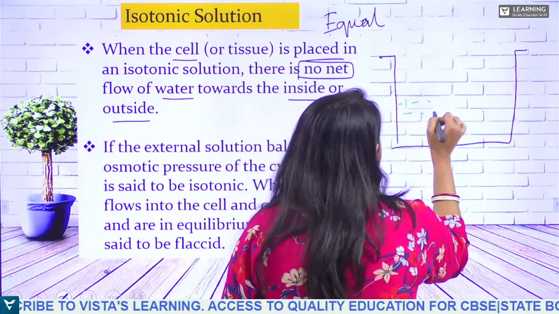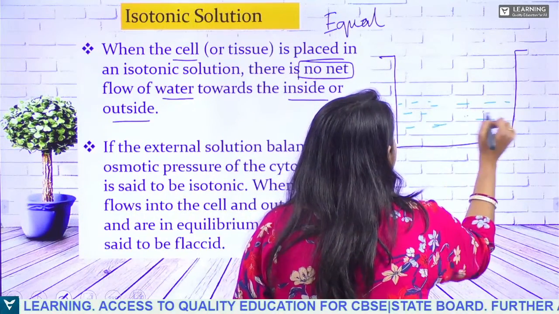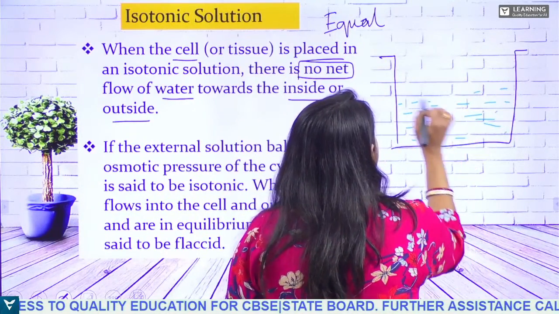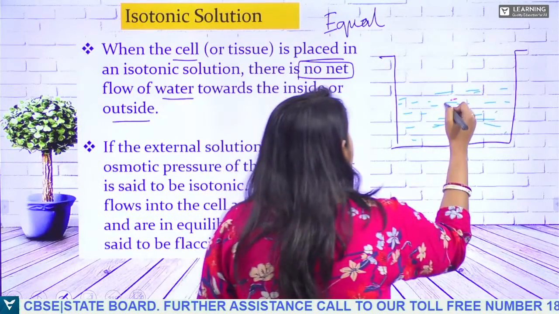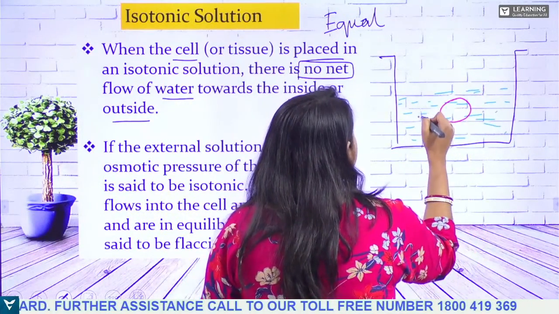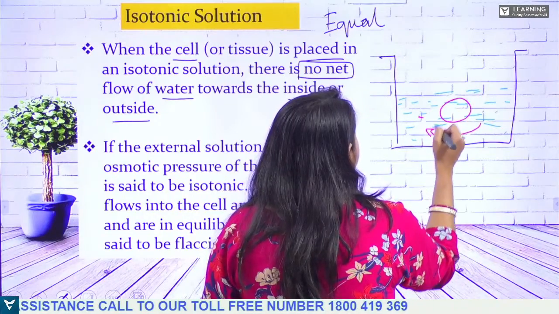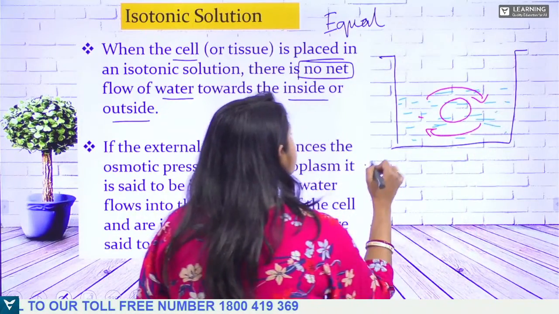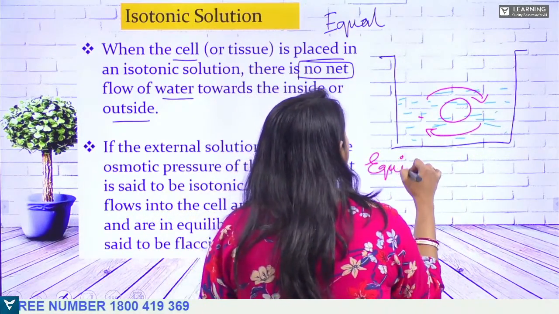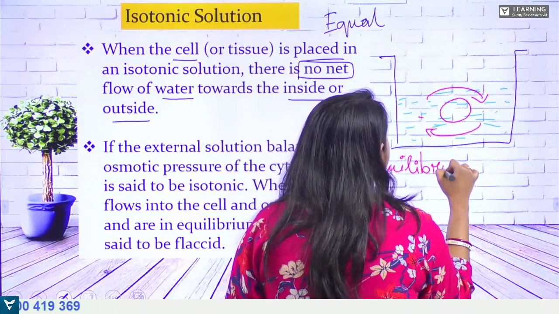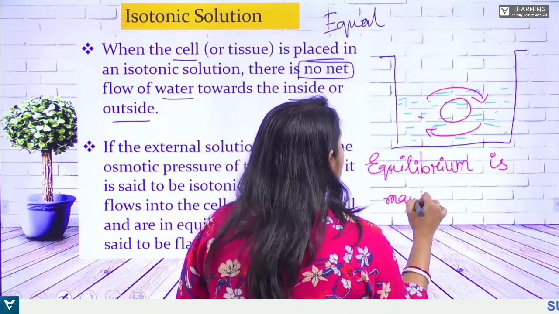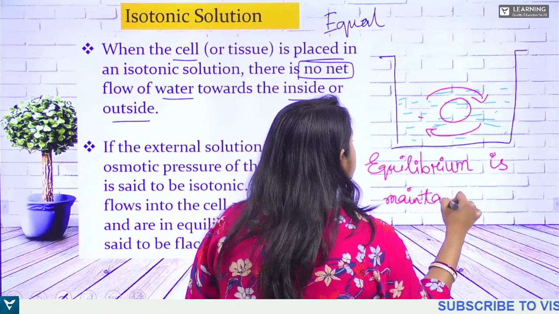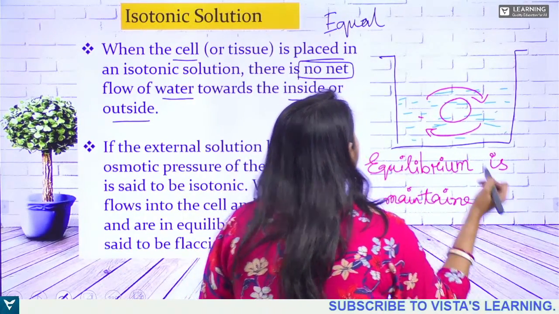So if the cell is placed in the solution, there is equality, it will be the same, equilibrium is maintained. So there is no net movement of water.